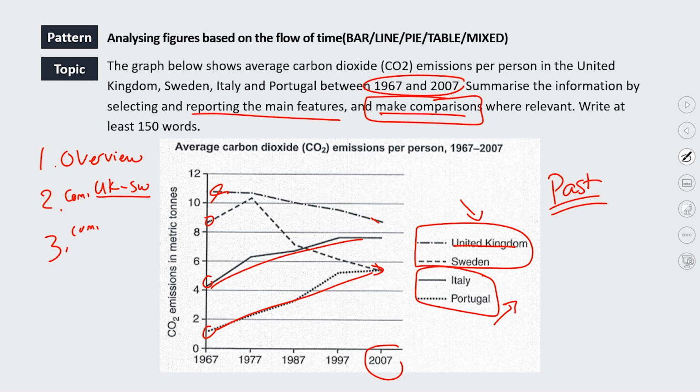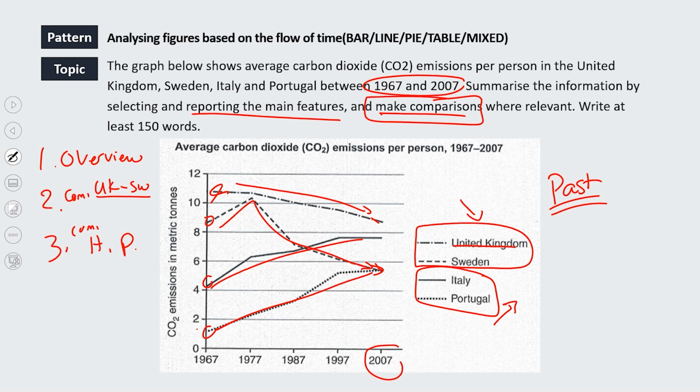because the UK declines quite steadily, but then in Sweden we've got this big sudden decline. And then in my paragraph 2, I'm going to be comparing Italy and Portugal, because both had quite a steady increase. But Italy remained at a higher emission than Portugal. Okay, so if I was doing this, I think that would be my comparison.